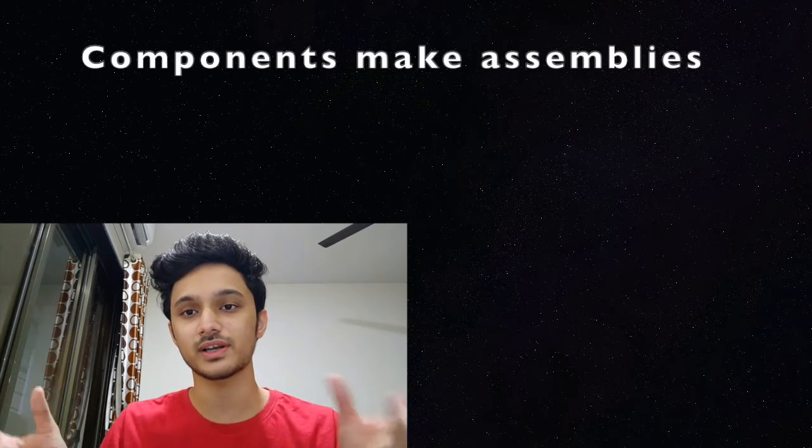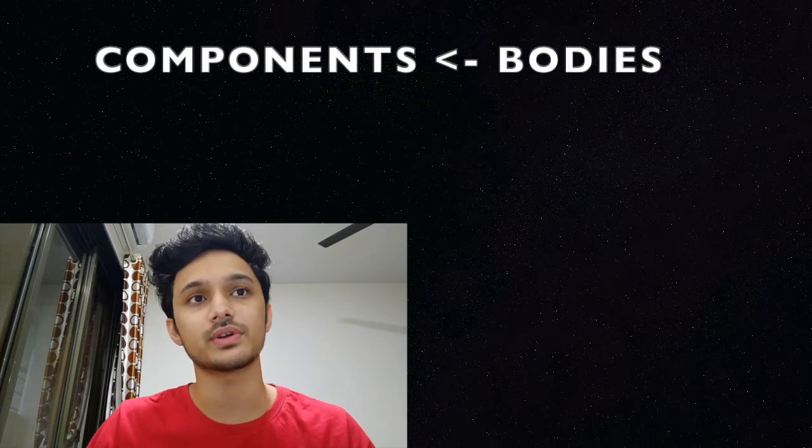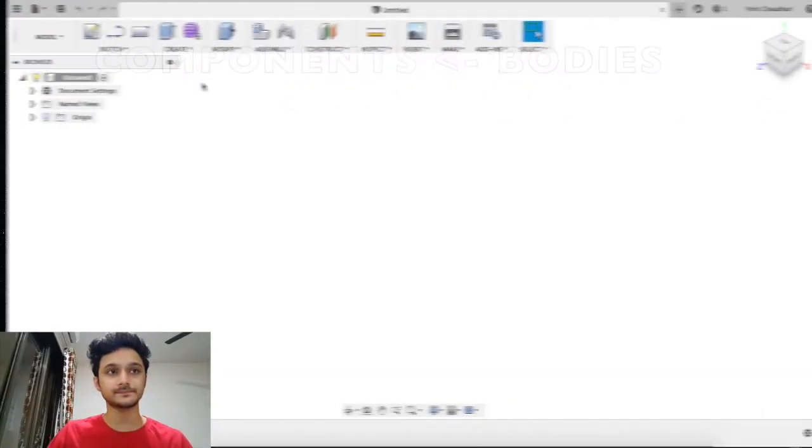Like we first make a body and then we create it into a component, and then we assemble many other components into one assembly. So today we are going to learn how to make assemblies and how to convert bodies into components. So let's start.